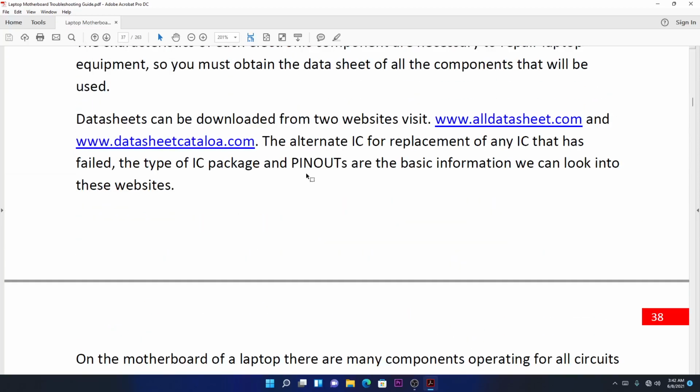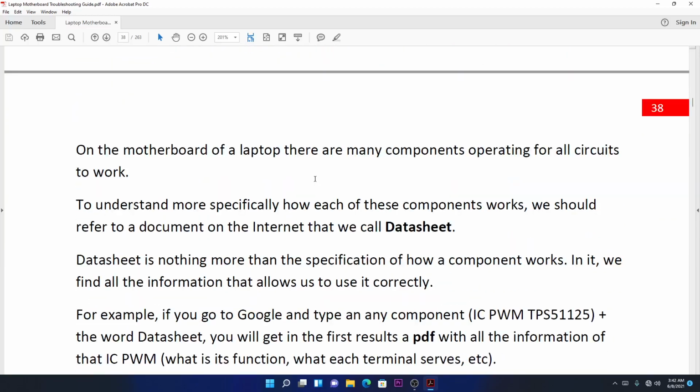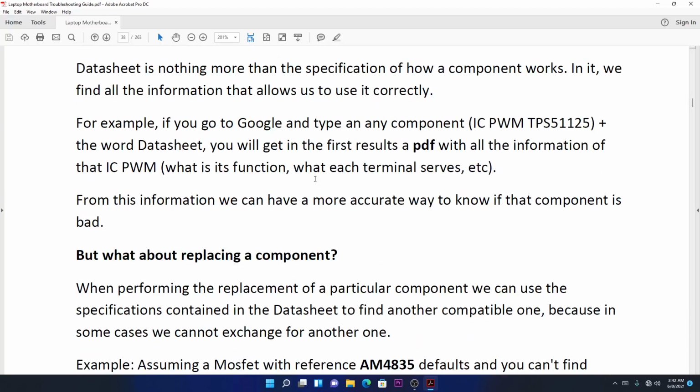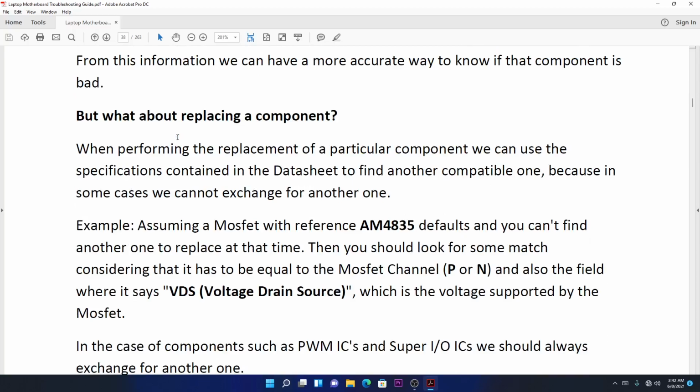And again, the datasheet can be downloaded free of charge from this website. It's called All Datasheet. The other one is Datasheet Catalog. Guys, these are all free websites. You can search for any chip. They will provide you with a PDF and all the schematic. They'll give you everything regarding that specific chip.